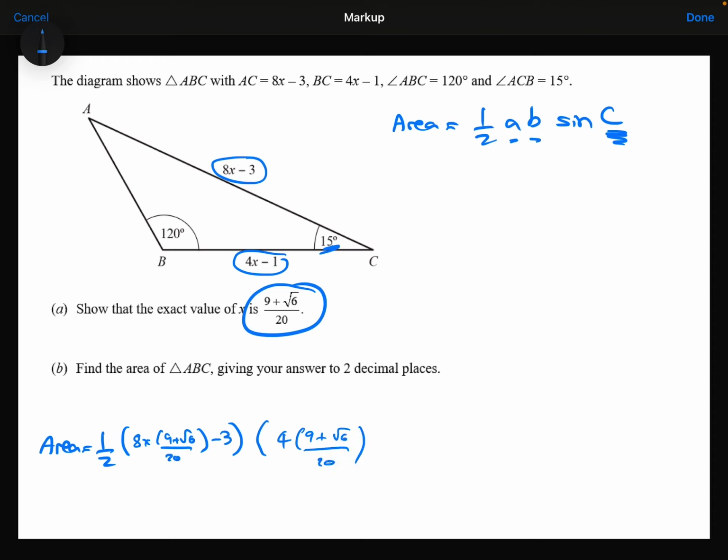That's my 4x minus 1. Times sine of the angle in between them. And we are allowed to use our calculators here, because we can give our answers to 2 decimal places. So if we put that into our calculator, we get 0.26. And I've not been told any units here, so I'll just put units squared.